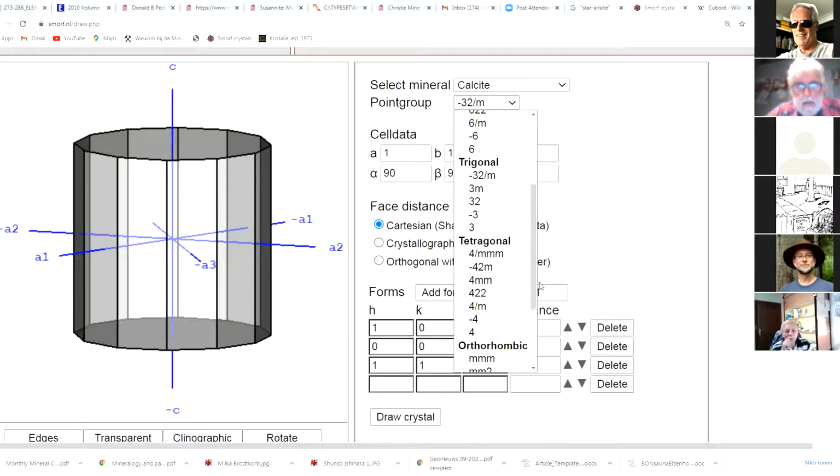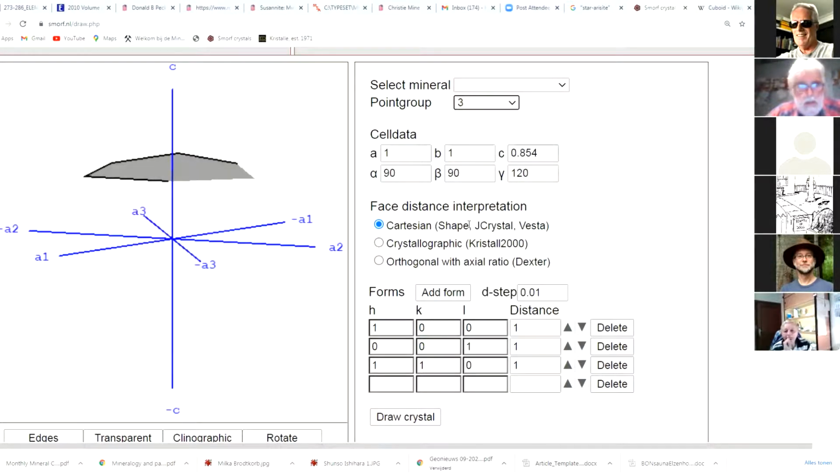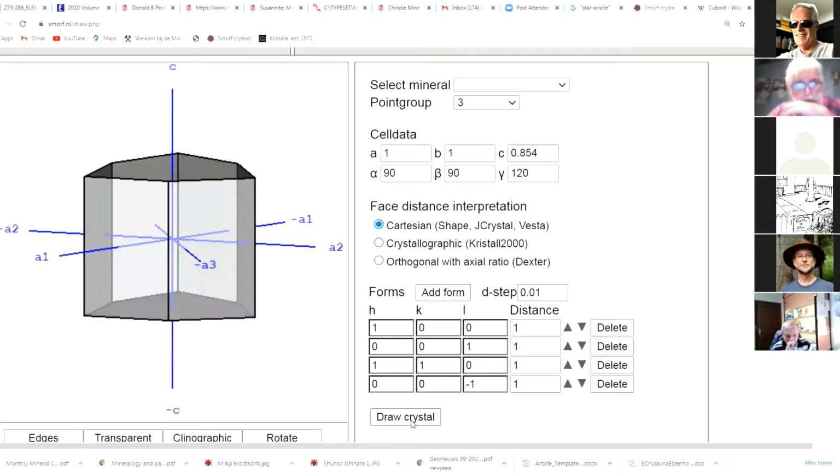So what if we take this here? Since there's not much symmetry, I think what I need to have is a 0, 0, -1 face as well. There you go. Yeah. Okay.